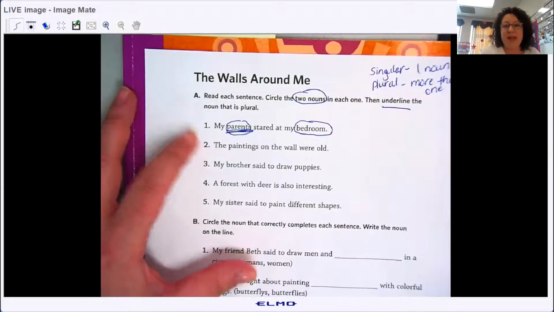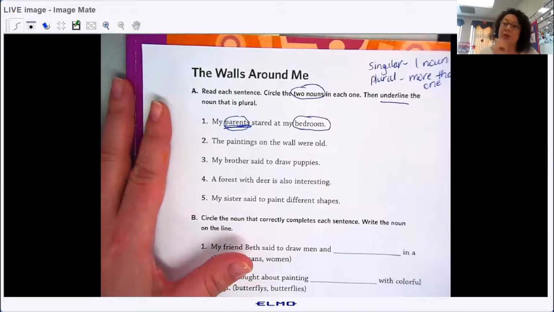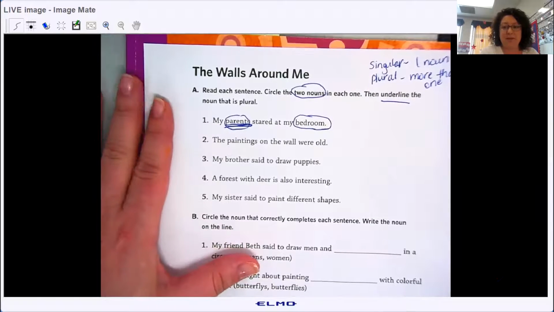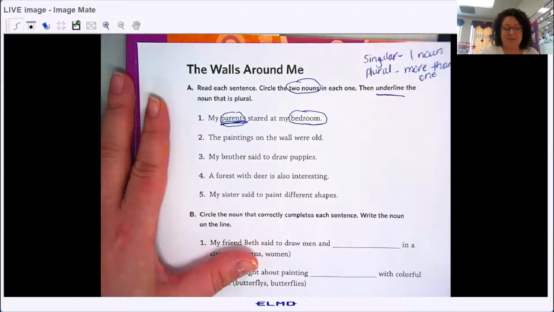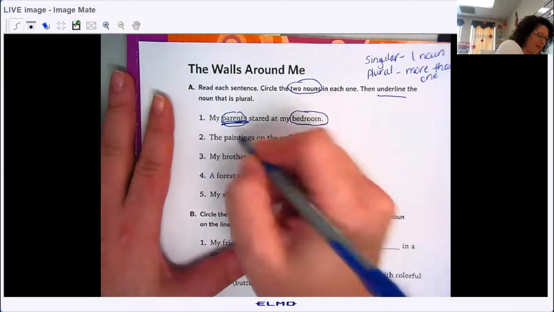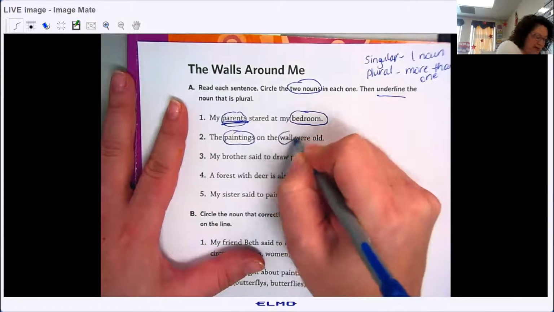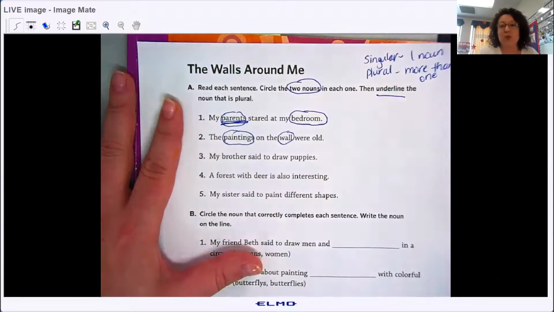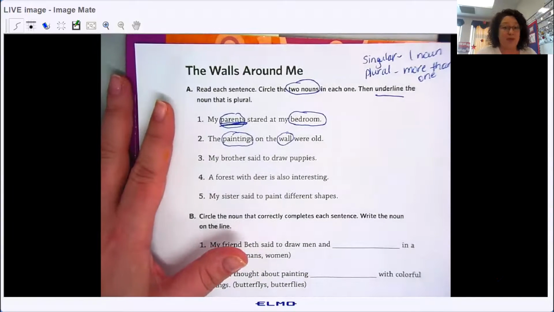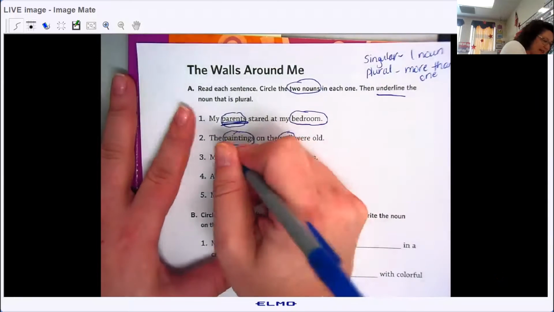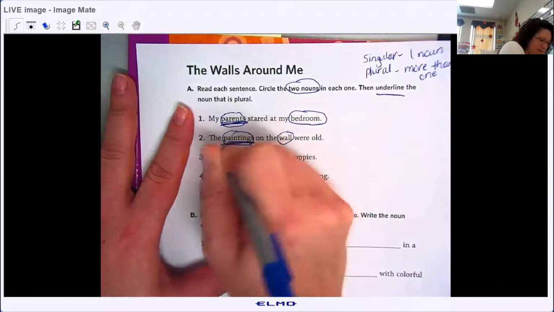Number two, the paintings on the wall were old. So go ahead and circle the two nouns. Person, place, thing, or animal. Paintings is a thing, and wall is a thing. Which one's plural? Which one is more than one? Paintings. It has an S. That tells us it's more than one.